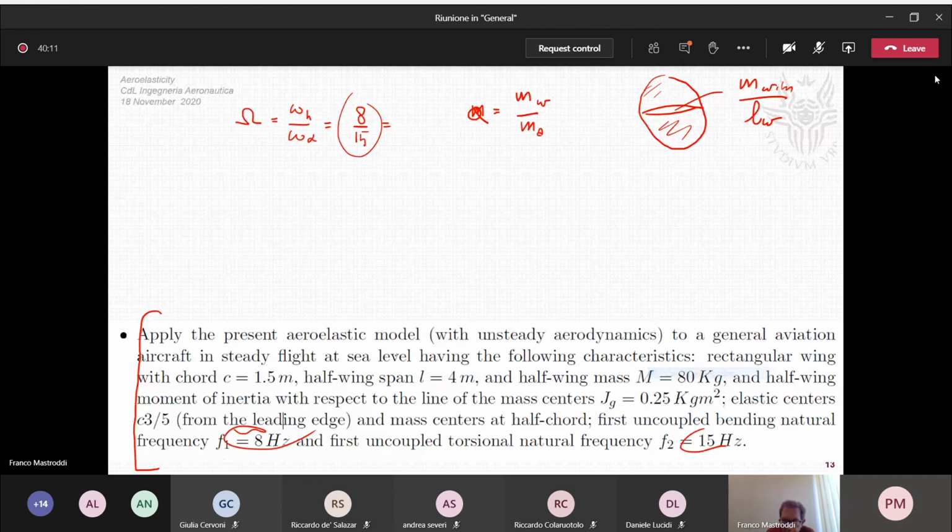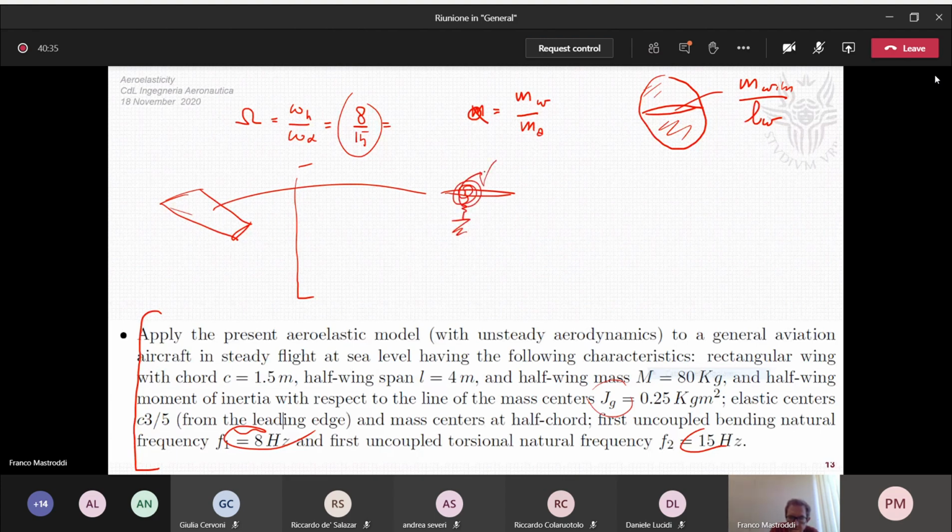You can evaluate the other parameters. You have everything for evaluating such parameters. And then you have your actual or practical wing here, and using this equivalence, you may transform this to this. And then evaluate the flutter. And this is the spirit of the last question.